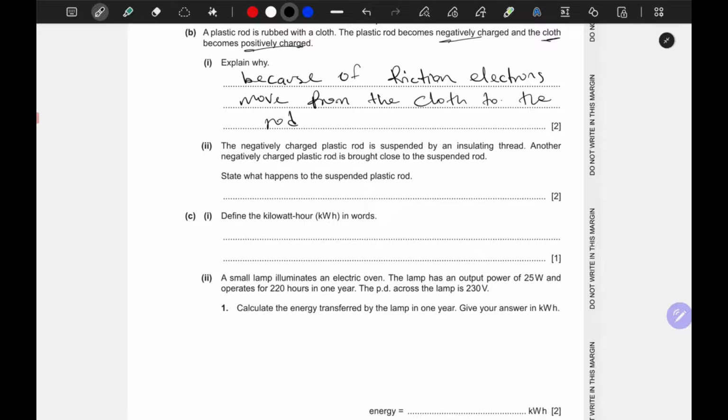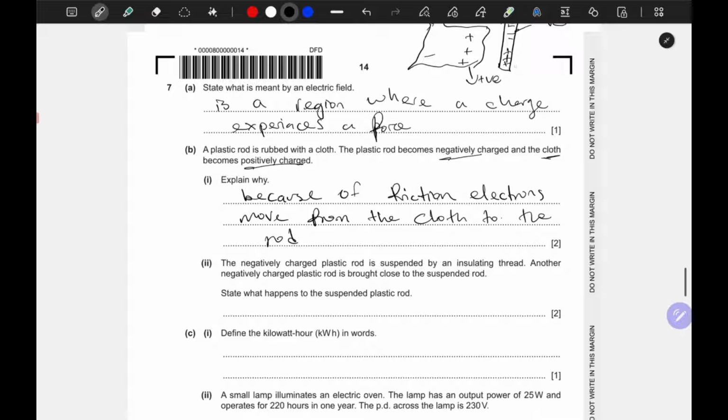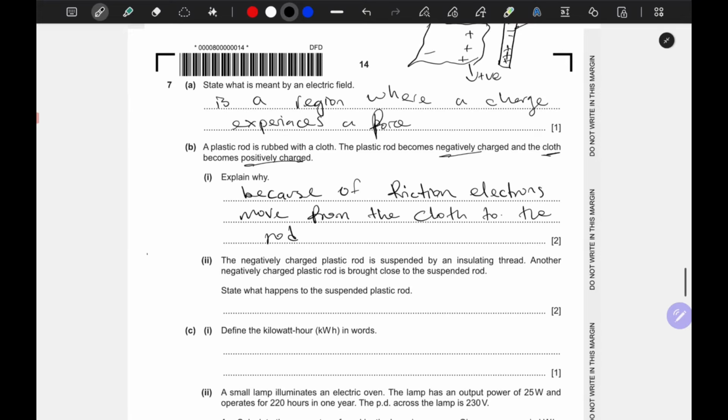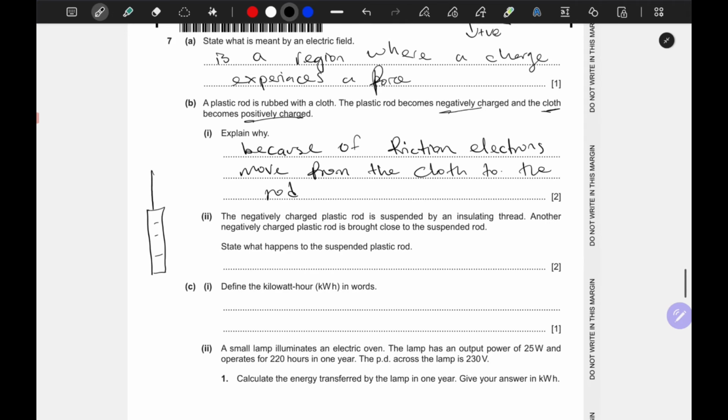So we have a negatively charged plastic rod, basically this one, and it's suspended by an insulating thread. So it's hanging. Another negatively charged plastic rod is also brought close to the suspended rod.